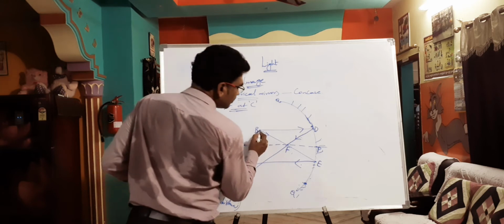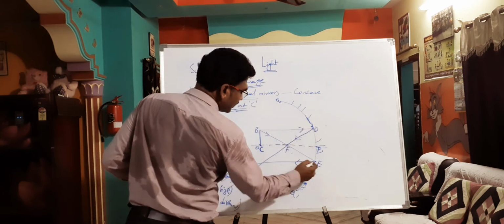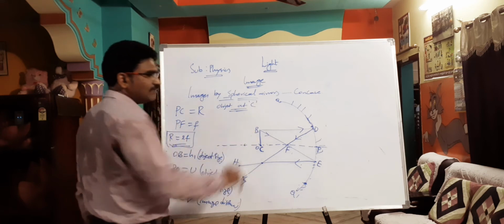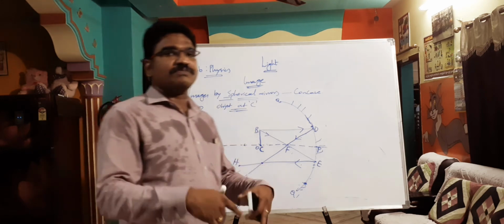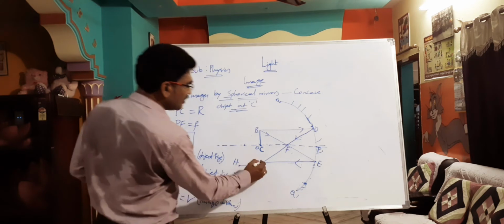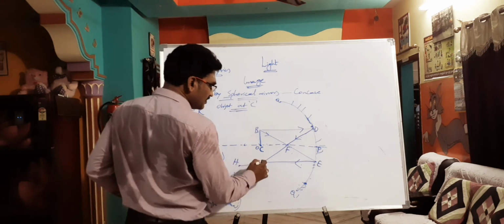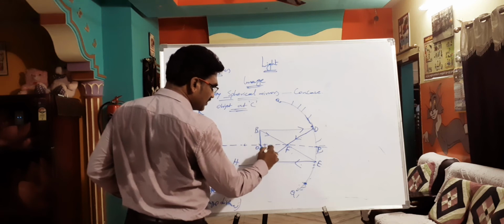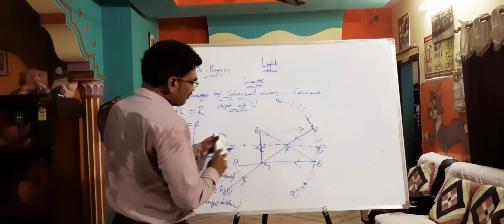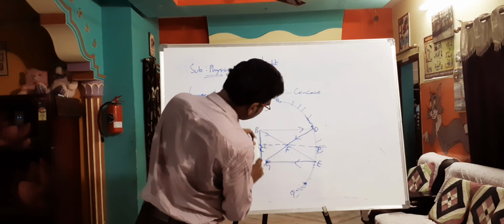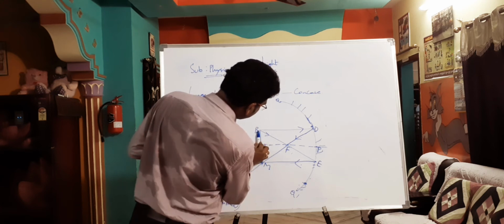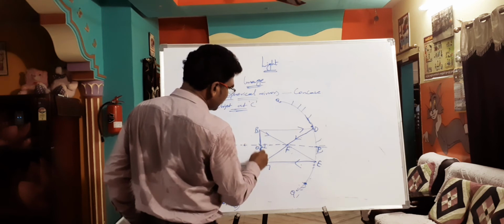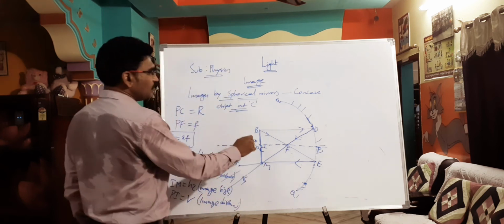Now this reflected ray and this reflected ray both are meeting at this point. Then what is this point called? Image point, the point where the reflected rays meet or appear to meet. Now this is the image point. I take this as image size IM. You measure this length and this length, so this height and this one are the same.